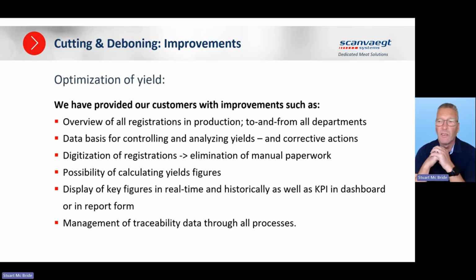So here is a typical example of how we optimize the yields. There were a number of ways of doing this, of making the calculations from one scale at one part of the process to another and having the simple calculation. But the real key to it all was about having some dashboarding and some reporting that could show actual yield numbers against what they expected.